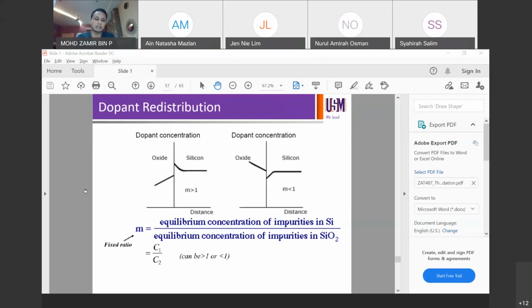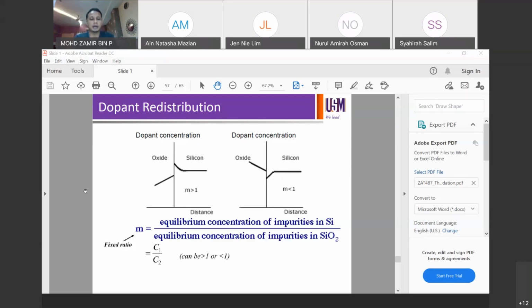silicon and silicon dioxide. During the process, due to the redistribution during oxidation, different dopants are going to behave differently. Since it is a ratio, the value can be either more than one or less than one, because the concentration of the dopants in silicon and in silicon dioxide is going to be different.